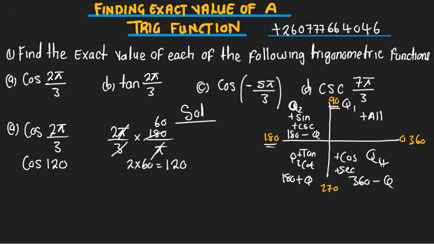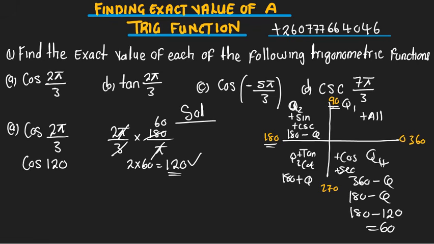In the second quadrant, it's 180 minus theta. Our angle is 120, so we say 180 minus 120, we get 60. This implies that to get 120, they were subtracting 60 degrees from 180. You need to take note of that, please.